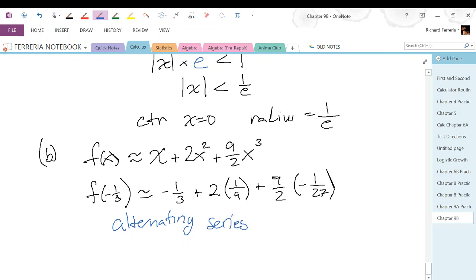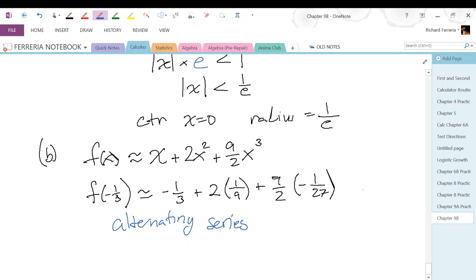Can I leave this answer the way it is? Are there any fractions in a fraction? No. All multiplication and addition? So we're good. Oh, I solved it. What did you get? Negative 5/18. You can leave it as that. You don't have to simplify.